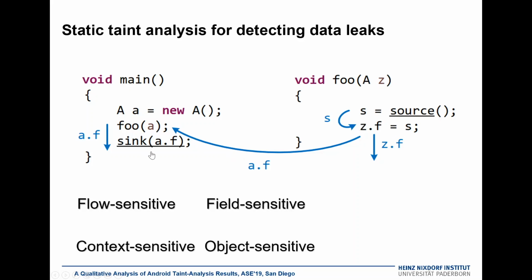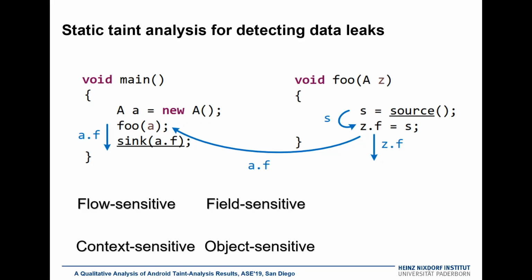Popular taint analysis tools such as AmanDroid, FlowDroid, and DroidSafe consider different sensitivities to improve the analysis precision. A taint analysis is flow sensitive when it is aware of the order of the program statements. It can also be context sensitive when it keeps track of the calling context.